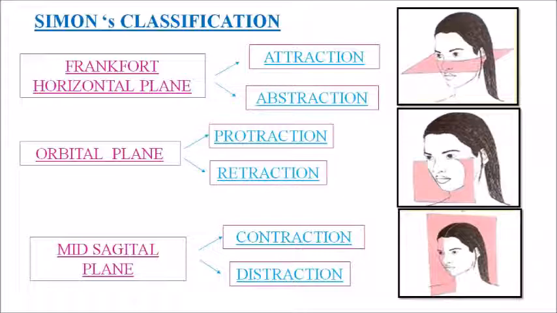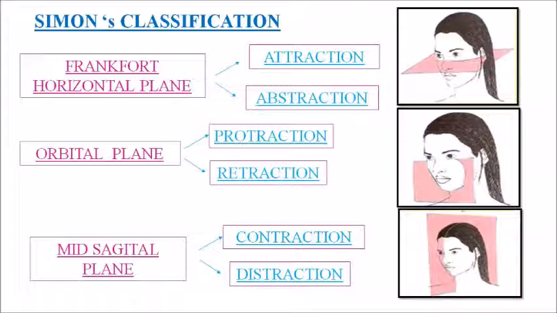Now coming to the orbital plane. We have already seen the orbital plane passes through the lower bony orbital margin directly under the pupil of the eye, and according to Simon it should pass through the distal third of your upper canine. This is actually classifying the malocclusions in an anteroposterior or sagittal direction.